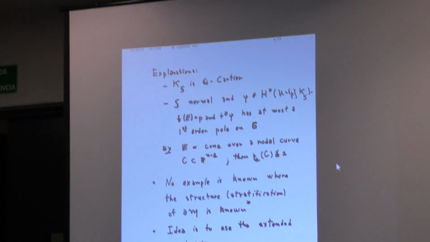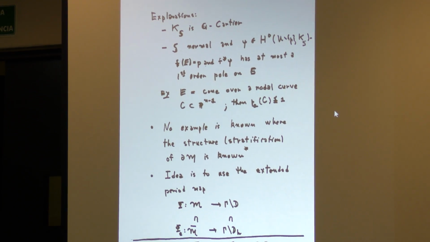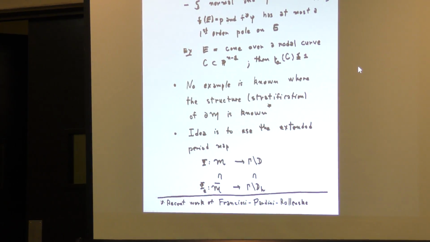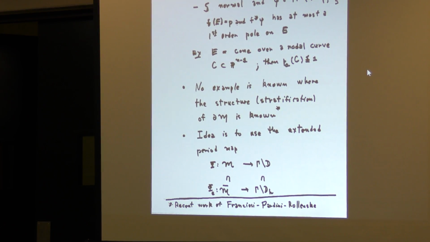Coming back to moduli, there's no example where the structure of the boundary of moduli has been worked out. I think people know locally what the surfaces look like, but there's not a global picture. It's a very interesting recent work by Franciosi, Pardini, and Rollenske that do the first case where the K_X squared is 1.